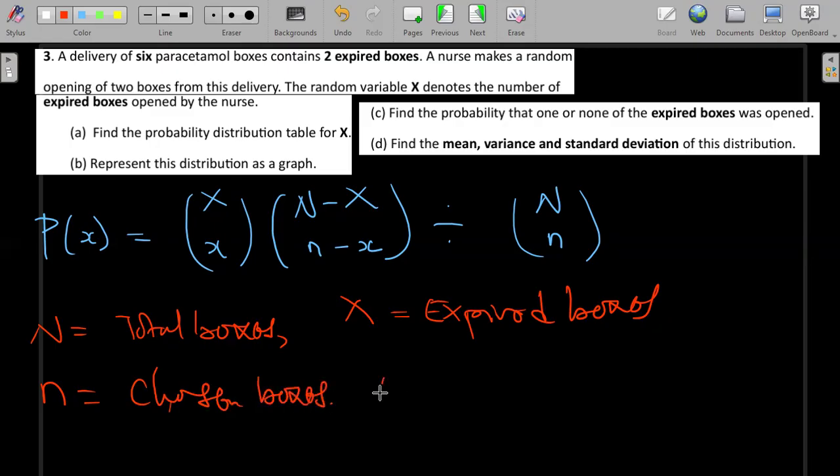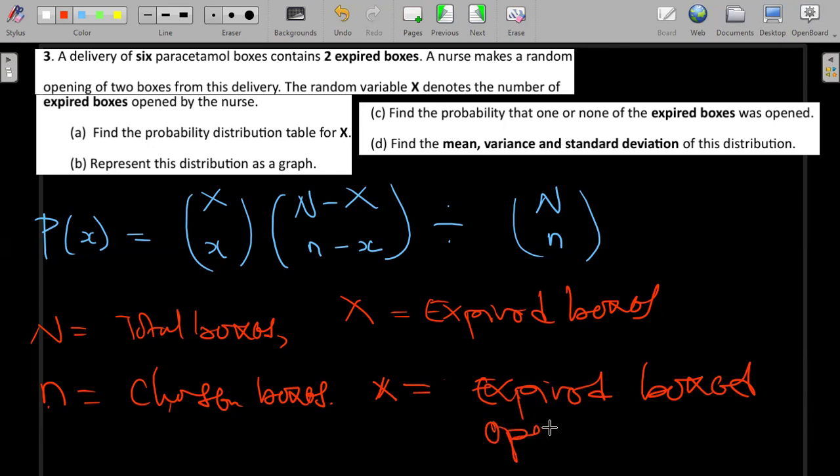The small letter x means the number of expired boxes opened. The small letter n means the chosen boxes, and the small letter x means the number of expired boxes that are opened.